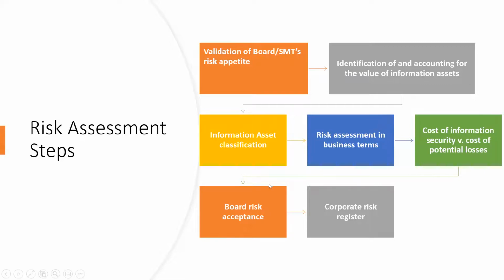We obtain board risk acceptance for whatever actions we will take with regards to the risk, and then we input everything and update the corporate risk register. Those are the risk assessment steps.